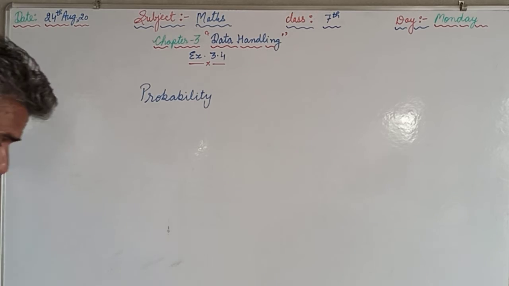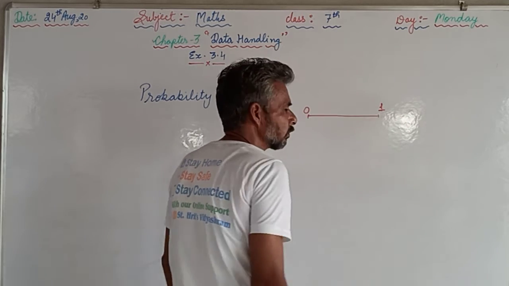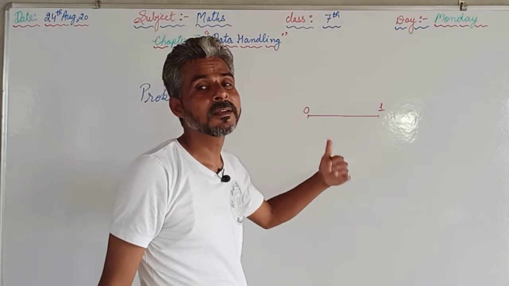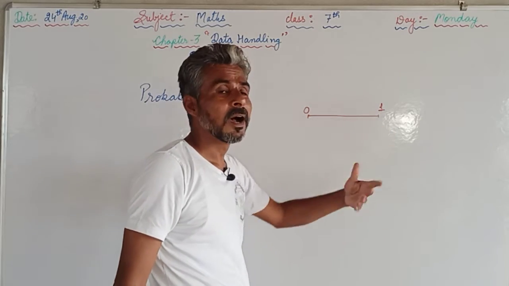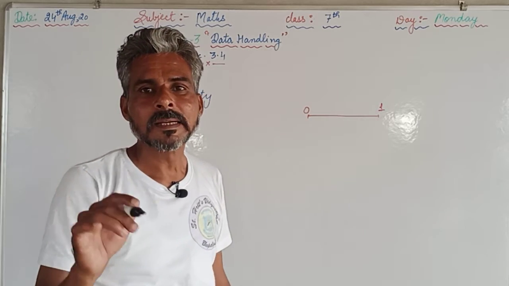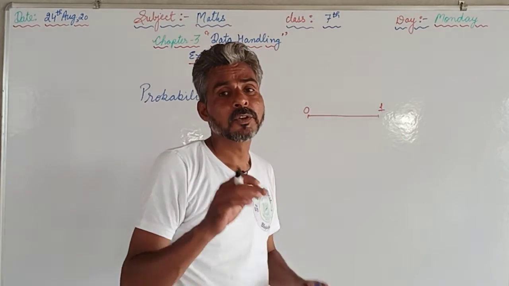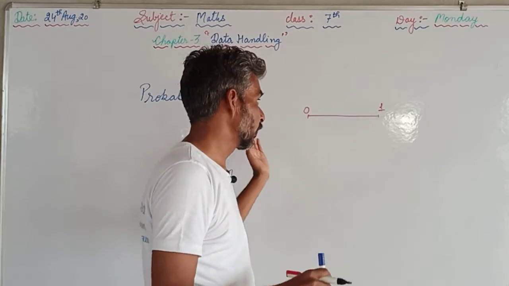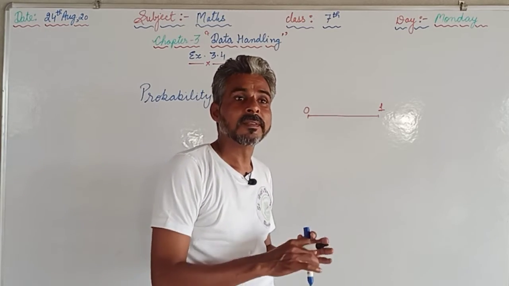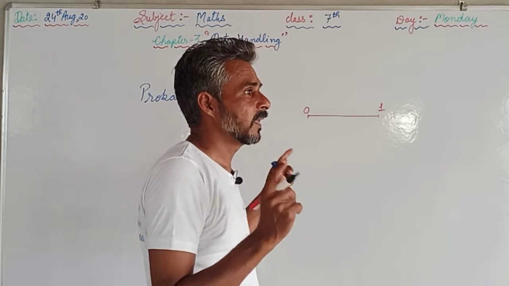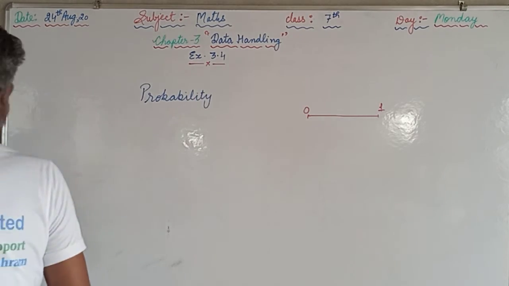The value of the probability lies between 0 and 1. It cannot be negative, it cannot be more than 1. 0 is the lowest value and 1 is the highest value. If the probability is 0, it is an impossible event. If the probability of any event is 1, it is a sure event, certain to happen. And if the probability is between 0 and 1, like 0.2, 0.3, 0.4 up to 0.99, it means it can happen.